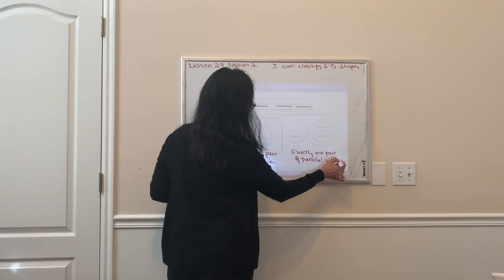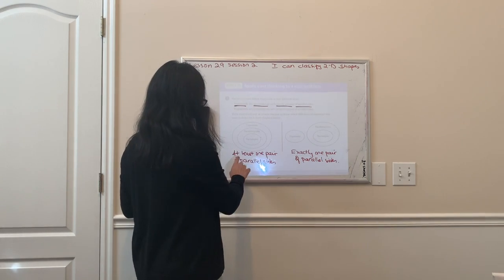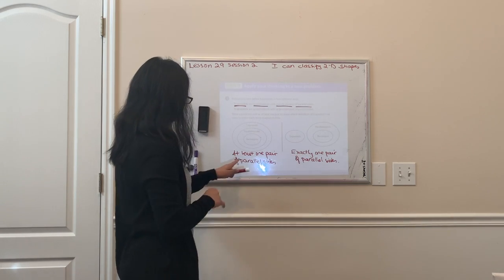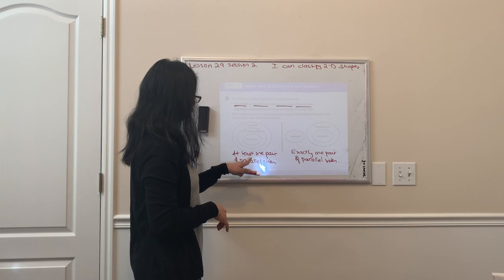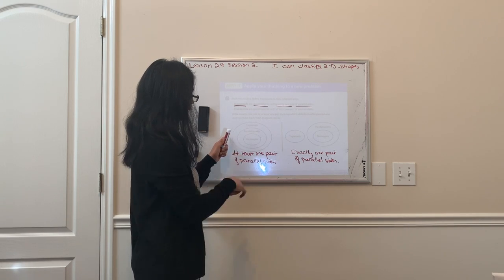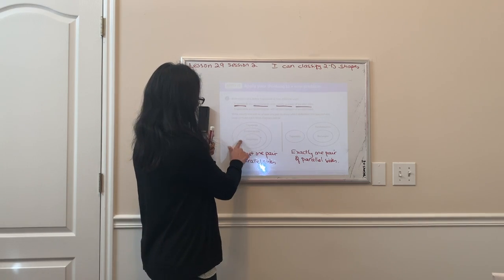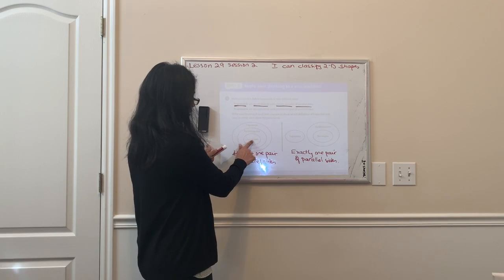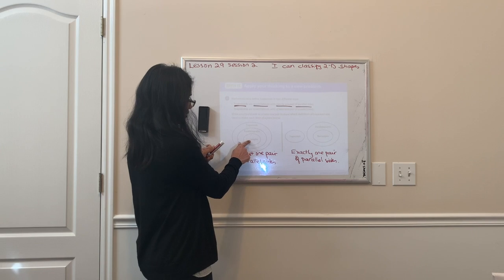So they want you to understand the difference between at least versus exactly. If it's at least, then it can fit around here because it's at least one pair. A parallelogram has two pairs of parallel sides, right? And this has two pairs of parallel sides, but this has some right angles in it, the rectangles, right?